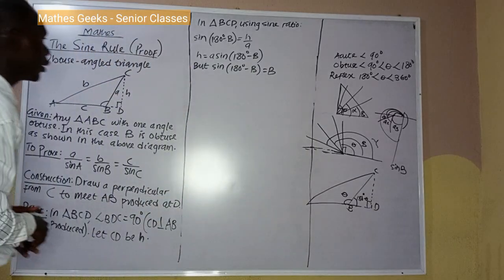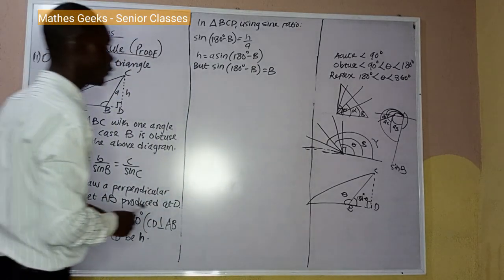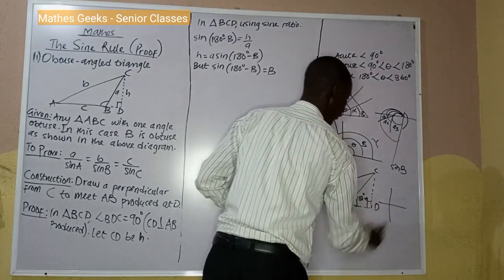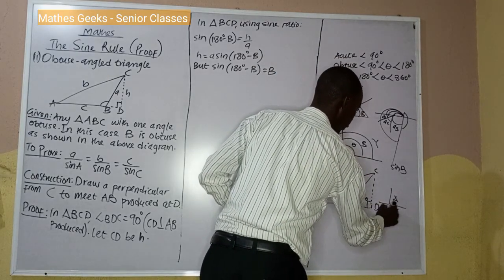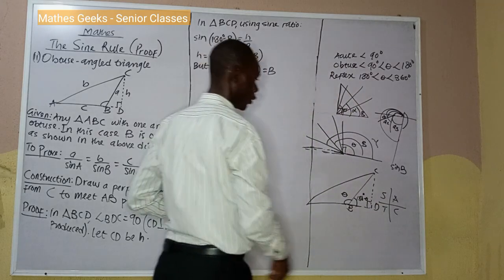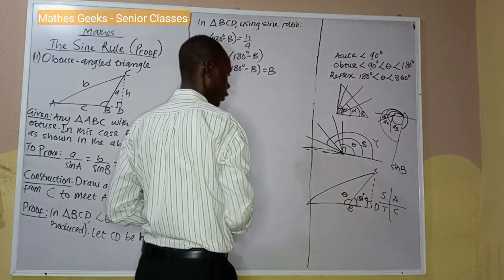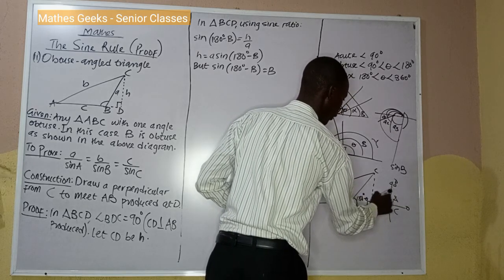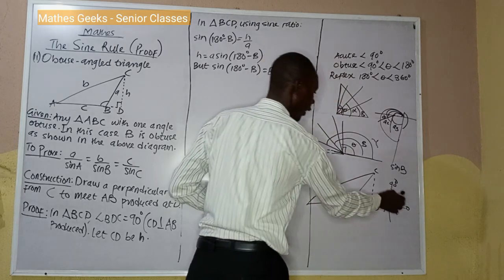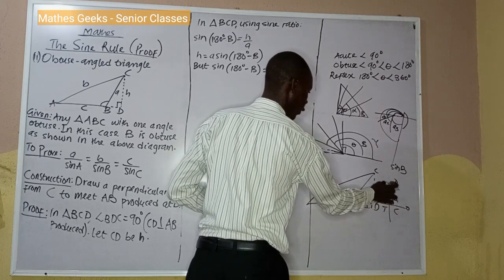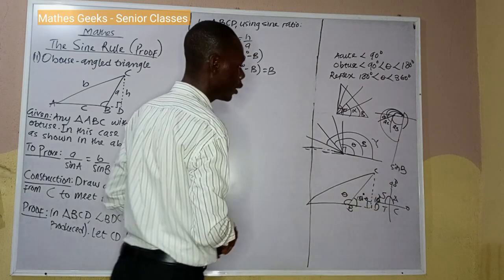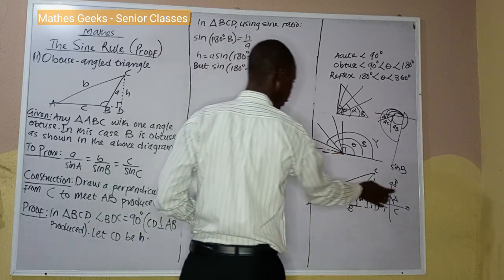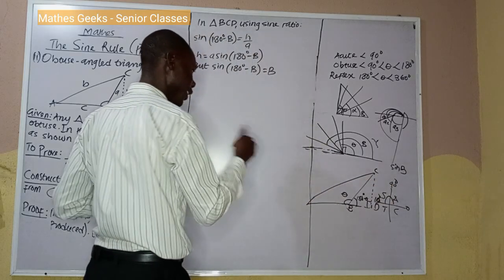Why is it so? It's because of the quadrant where we have A, C, T, S. From our quadrant, sine is positive in the second quadrant. In the quadrant, this is 0 degrees, this is 90 degrees, and this is 180 degrees. Here 180 degrees minus theta means that the angle is obtuse, greater than 90 degrees but less than 180 degrees.